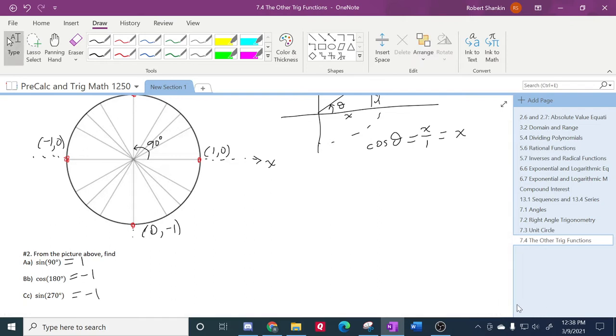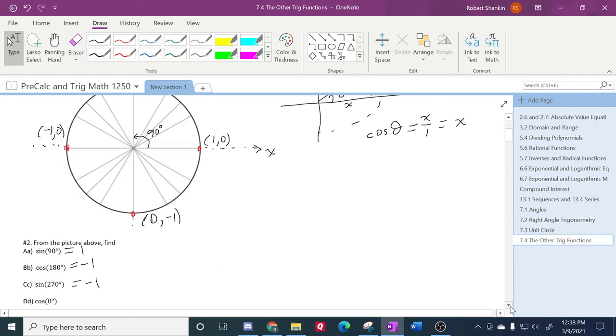And do the next one. Cosine of 0 degrees. Zero degrees is up here, and the cosine then is the x coordinate, which is 1.